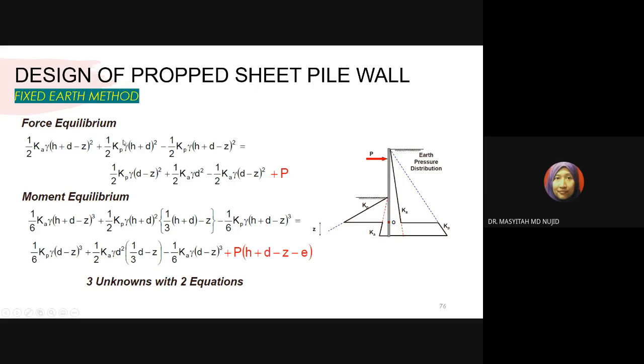For example, here the force equilibrium is due to some diagram blocks here. Half Ka gamma (H plus T minus Z) squared, half is the area of the triangle.